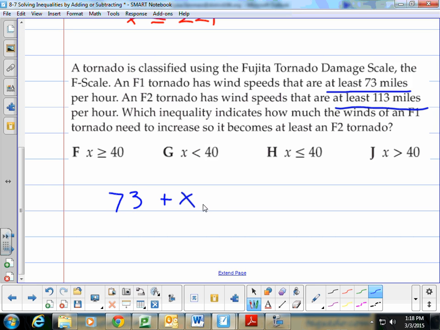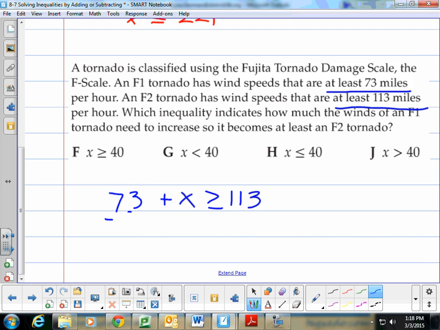What symbol do you think we need to become at least an F2 tornado? So to be greater than or equal to 113, because you think you have this F1 tornado plus how many more wind speeds to be greater than or equal to 113, because the tornado has to be 113 or more according to this at least statement.